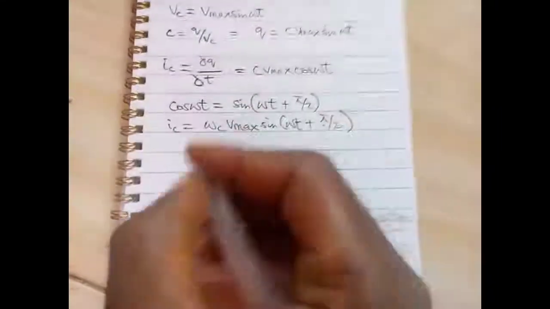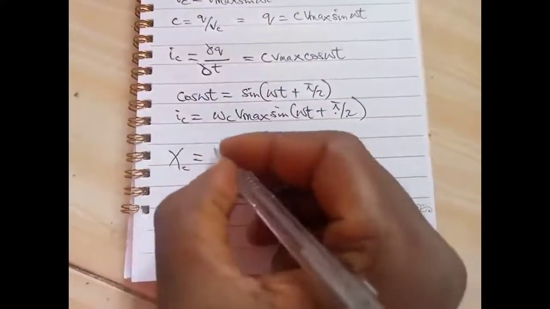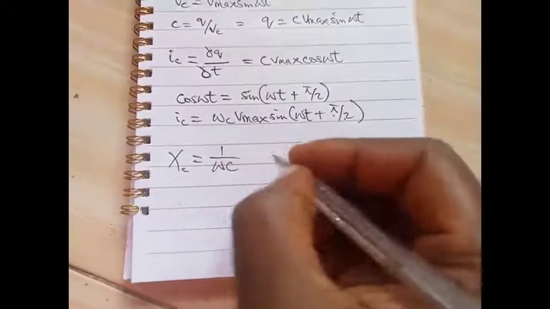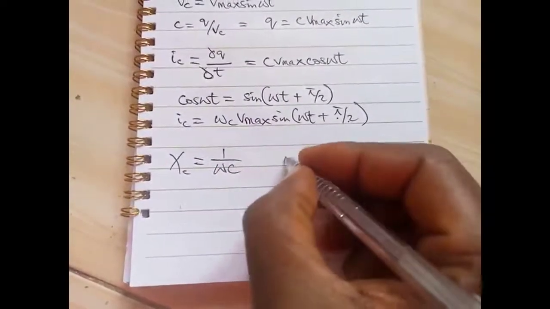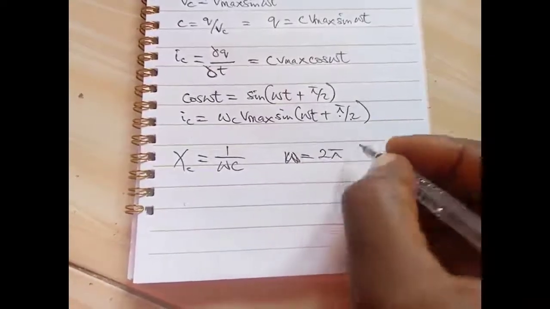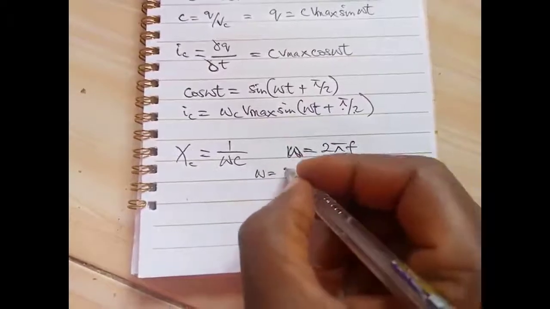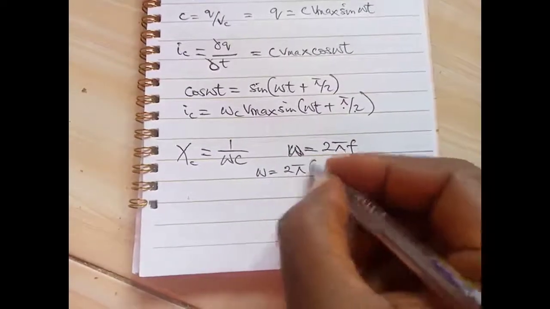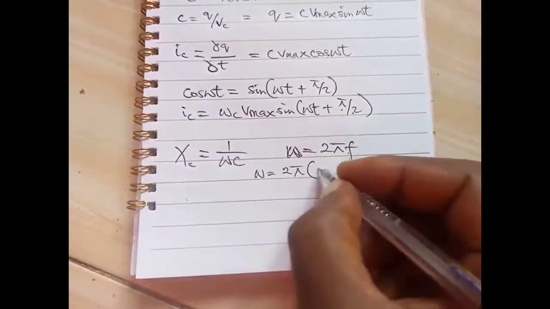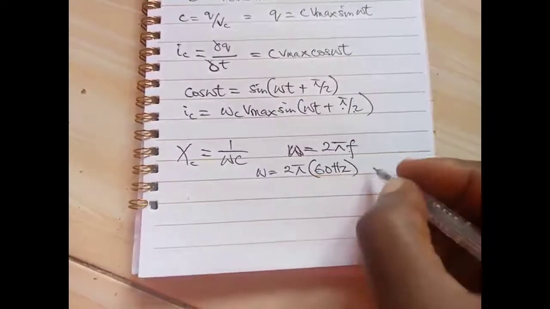Now, we know that the capacitive reactance is equal to 1 over omega C. But we already know that omega is given by 2 pi F. So omega is equal to 2 times pi times the F given to us, which is 60 Hz.